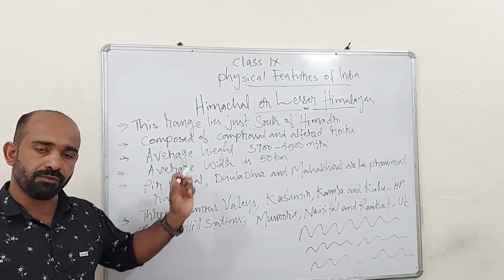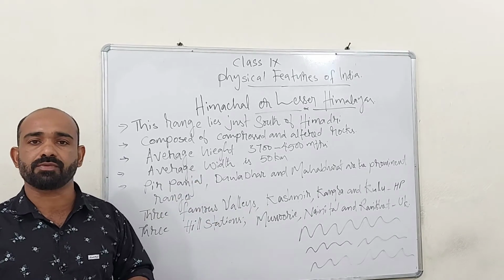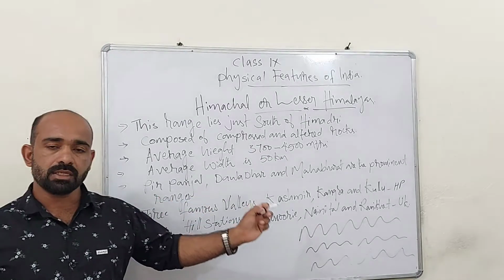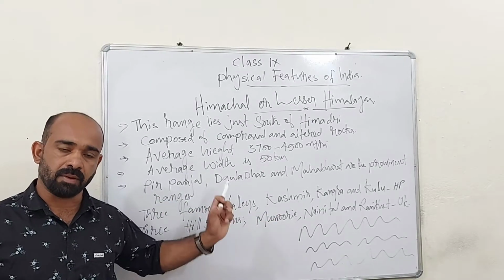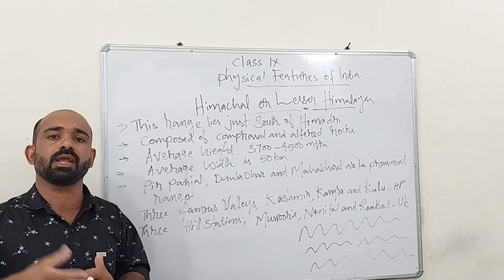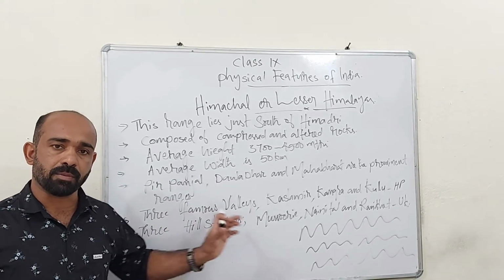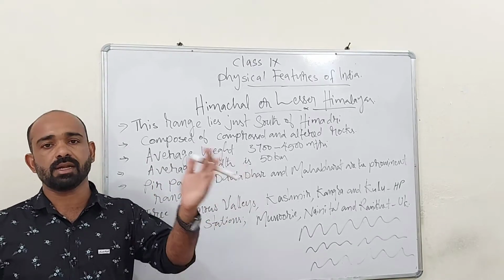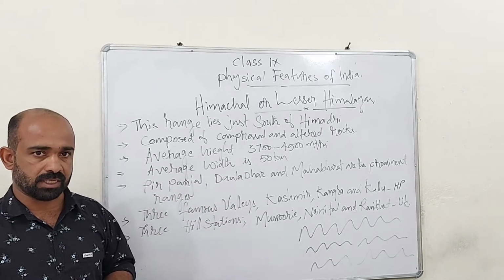The average width of the mountain range is just 50 kilometers. And Lesser Himalaya is a group of three prominent mountain ranges: Pir Panjal, Dhauladhar and Mahabharat.